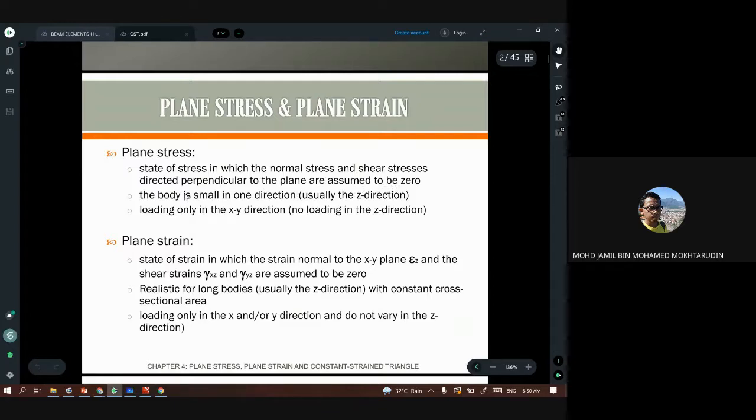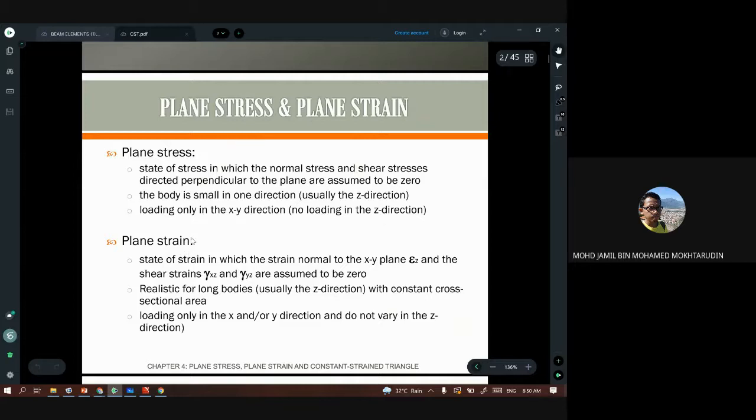This is usually applied for a body that is very thin, usually thin in the z direction, and the loading is applied only in the x and y direction, with no loading in the z direction.